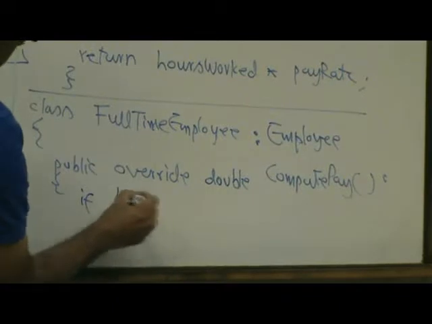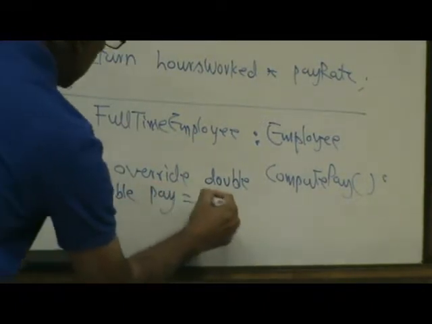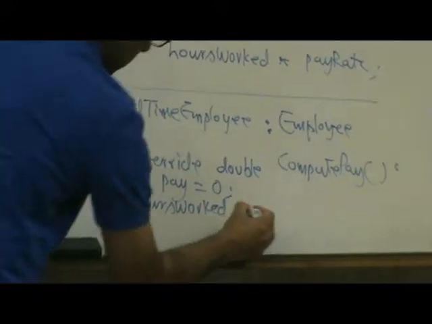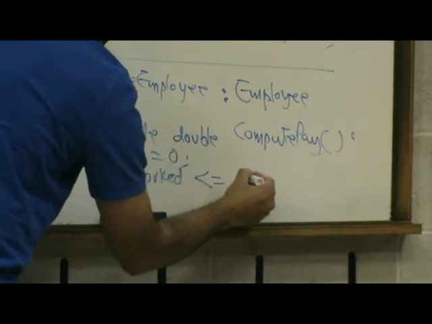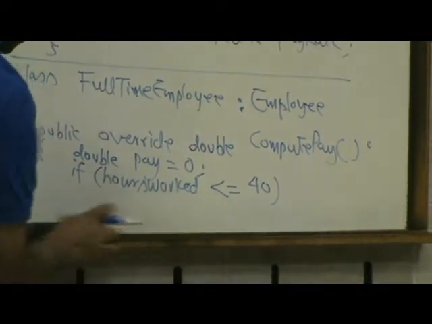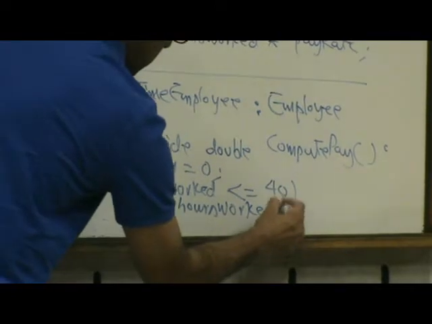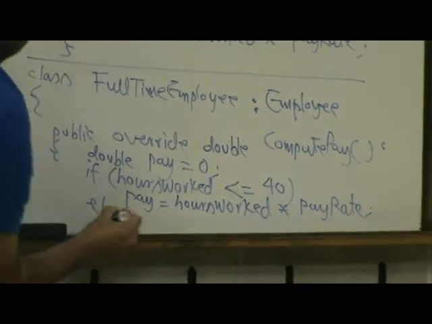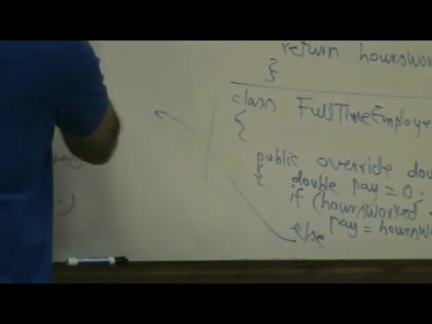Let's create double pay equal to 0. If hoursWorked is less than or equal to 40, then pay will be the same as before, meaning hoursWorked times payRate.